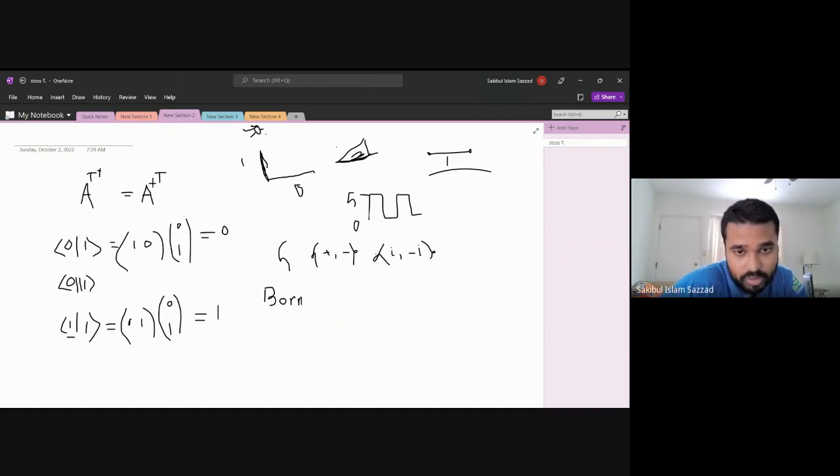So what does the Born rule say? Let's say I have a state psi. It is important to mention that all states must be normalized. Normalized means the summation of the probabilities of all states should be one.